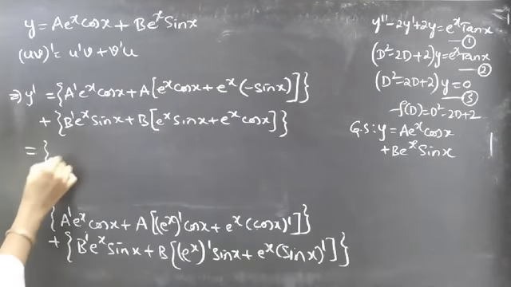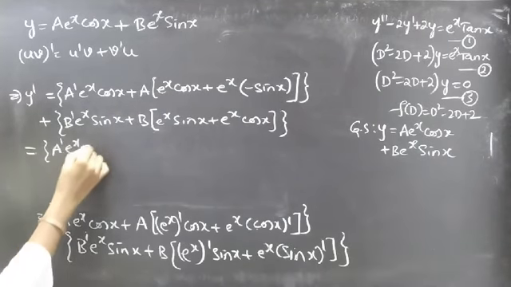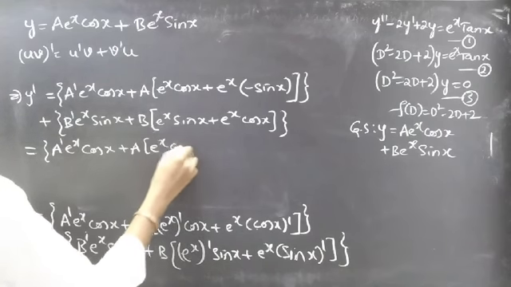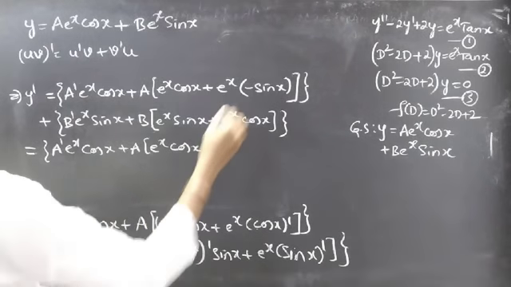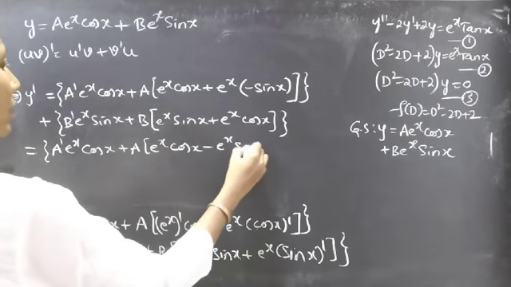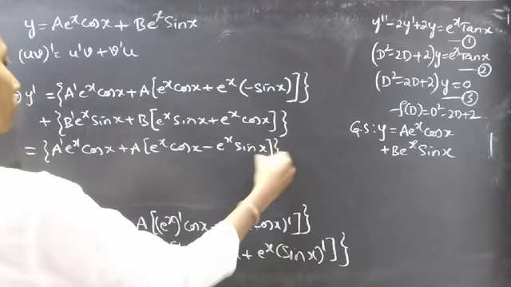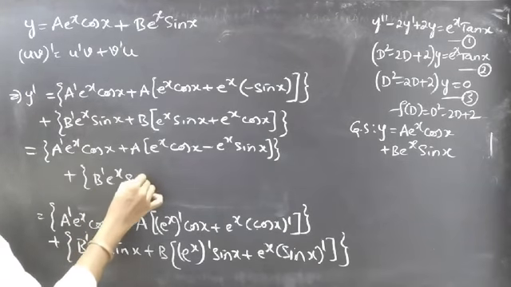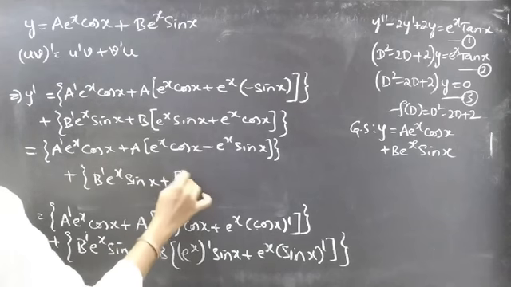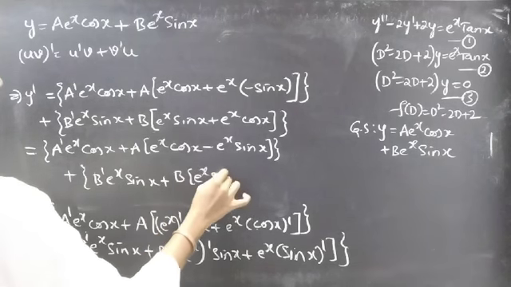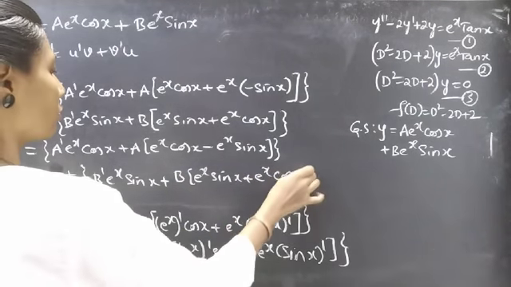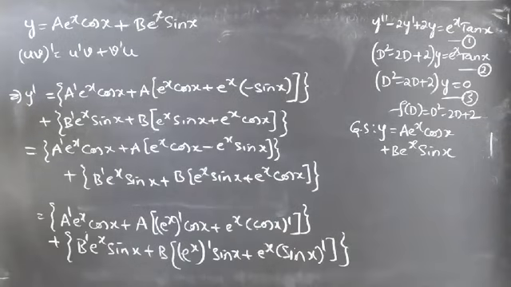Which equals a dash e power x cos x plus a into e power x cos x plus a into minus e power x sin x plus b dash e power x sin x plus b into e power x sin x plus e power x cos x.